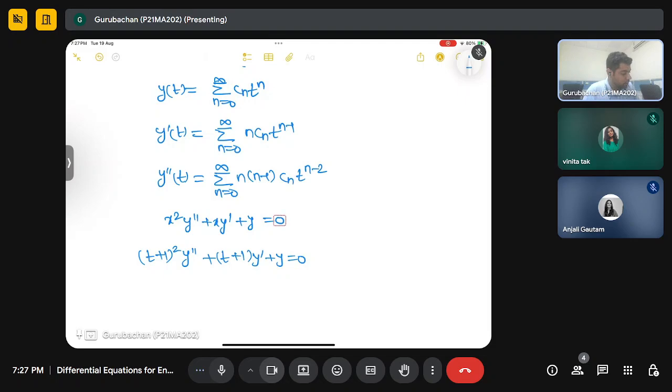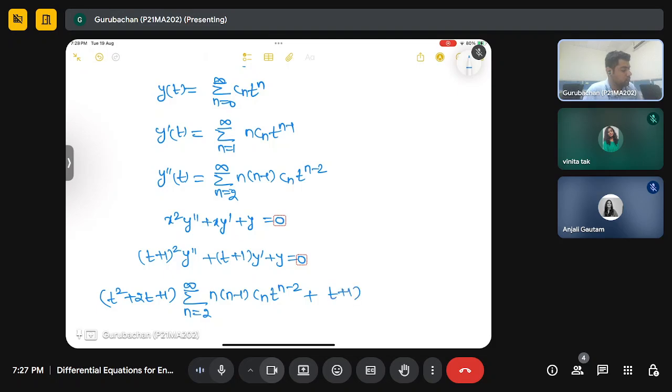So this will be t square plus 2t plus 1, and y double dash is summation, since we are differentiating, n=0 will not correspond to anything, so it will be starting from 1 or 2. So this will be n into n minus 1 c_n t to the power n minus 2.